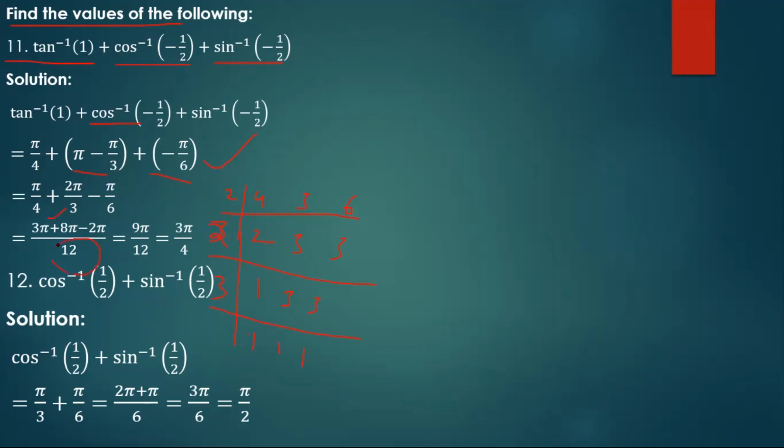So 12. 12 by 4 is 3. 3 into pi, 3 pi. 12 by 3 is 4. 4 into 2 pi, 8 pi. 12 by 6 is 2. 2 into negative pi, negative 2 pi.